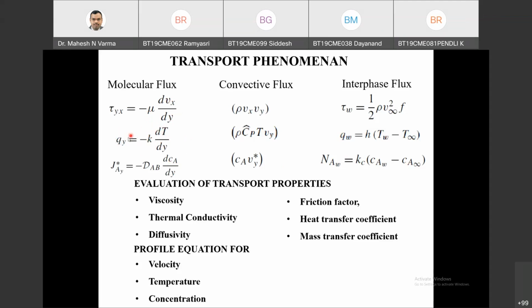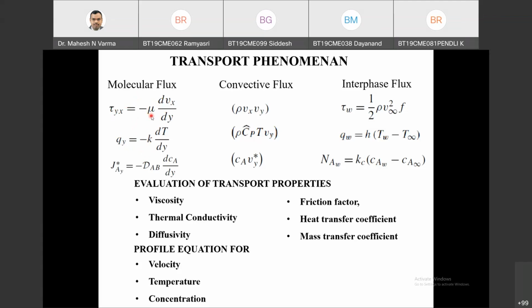If you have huge information in heat transfer, but you want to calculate some information in momentum transfer, then using the property in heat transfer, you can get the property in momentum transfer accordingly. That is what an analogy is. An analogy will equate heat transfer, momentum transfer, and mass transfer.